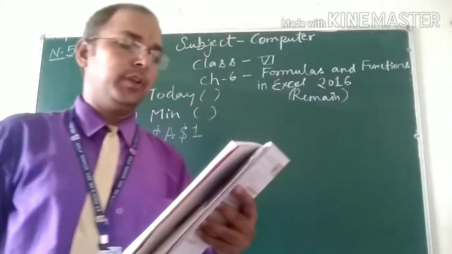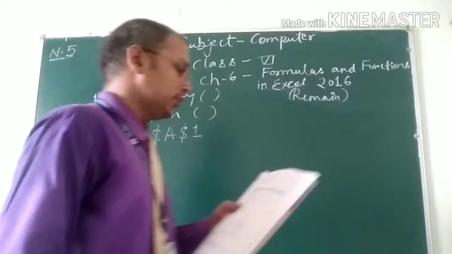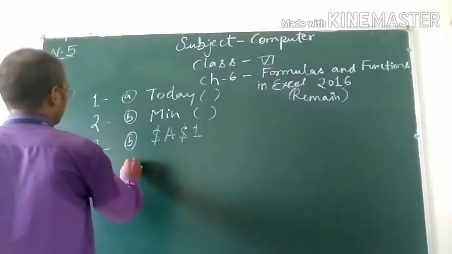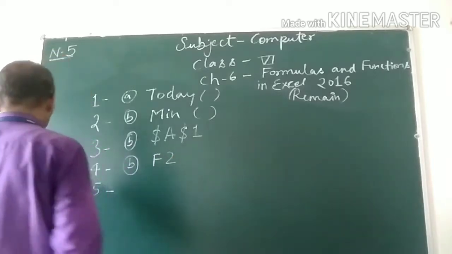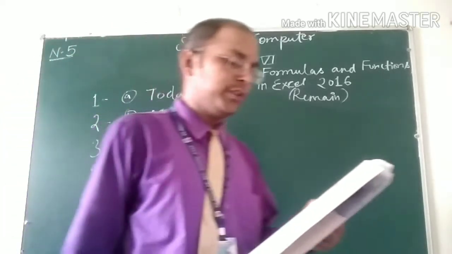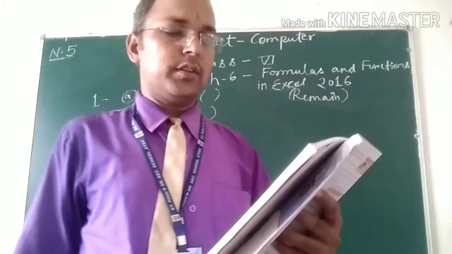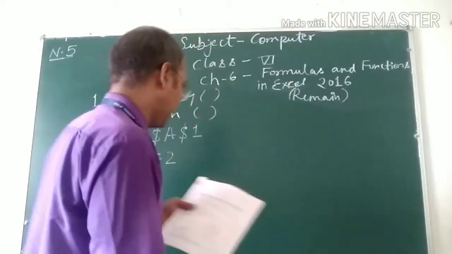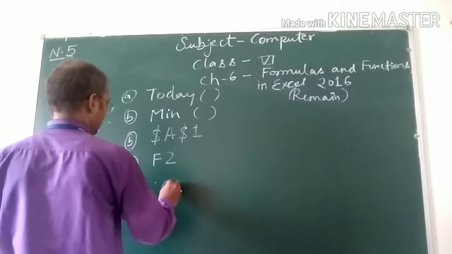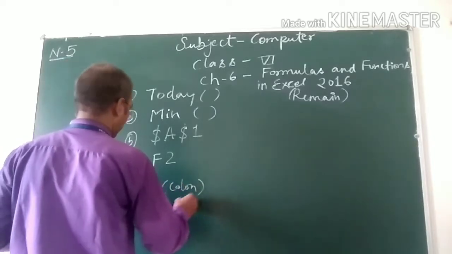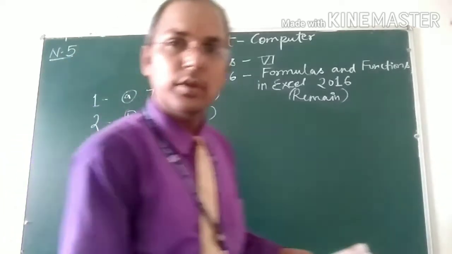A, F1; B, F2; C, F3. The answer will be F2. Number 5. A range of cells is always separated by colon, semicolon or slash. The answer will be A, colon. MCQs have finished.